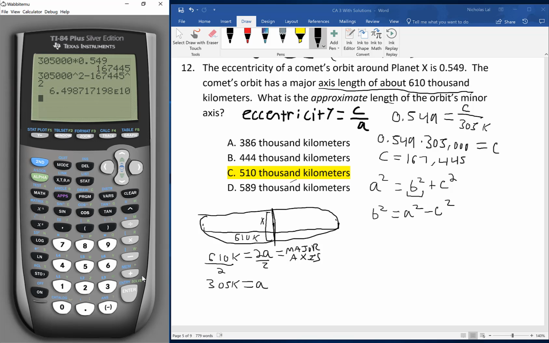So that's going to be, oh, I need to use parentheses there.